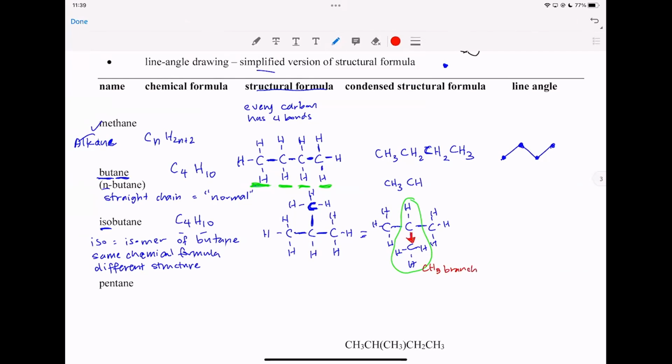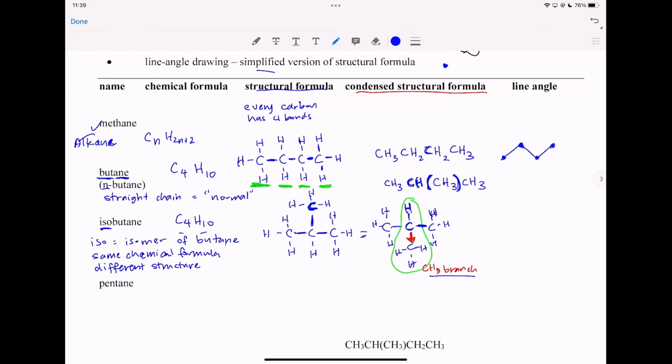And the way you indicate a branch in the condensed structural formula is by putting it into parentheses. So on that CH, I'm going to put CH3 in parentheses. That's how I indicate the branch. And then continuing on, the next is another CH3 group. Okay, so that's how you work with the condensed structural formula.